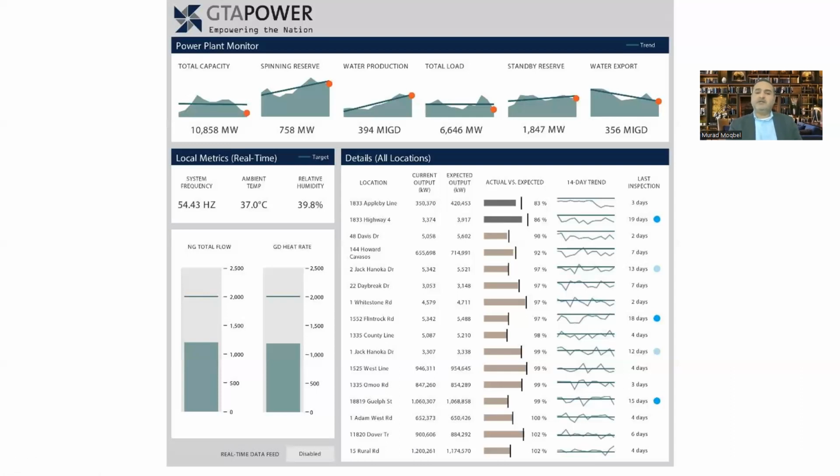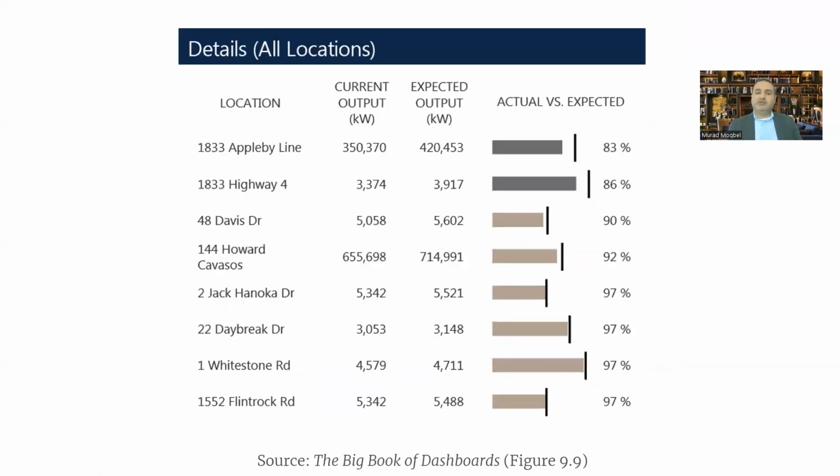So to look at it closer, you notice that the magnitude, we are not using all the data as a base for our graphs here, and that's why you notice that the bar for the first power plant is smaller in comparison to the next one, which is 86%.